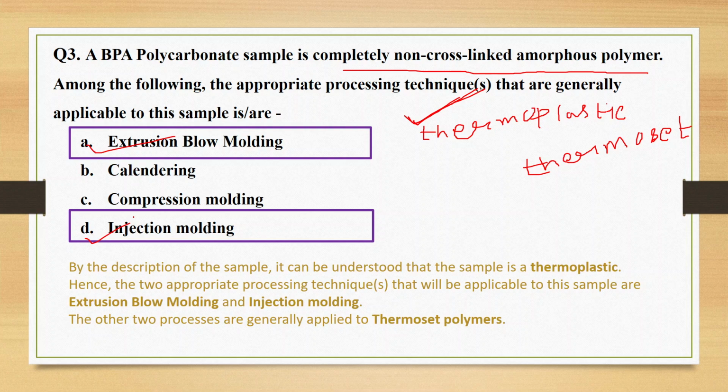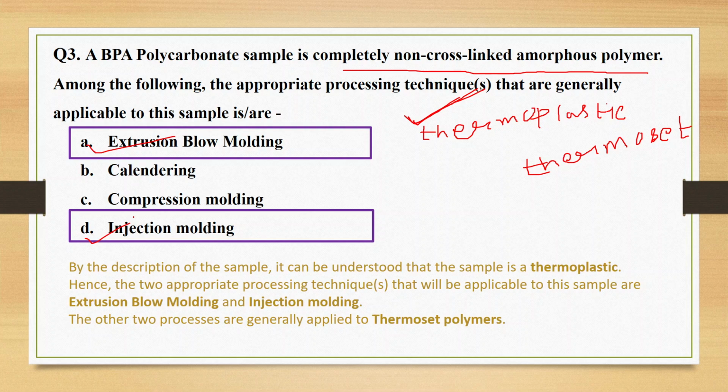If you remember the slides, the main process used for thermosets is compression molding. Because thermosets have a cross-linked structure, you cannot mold or stretch them as you wish.